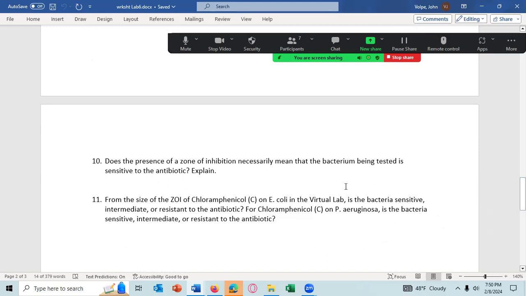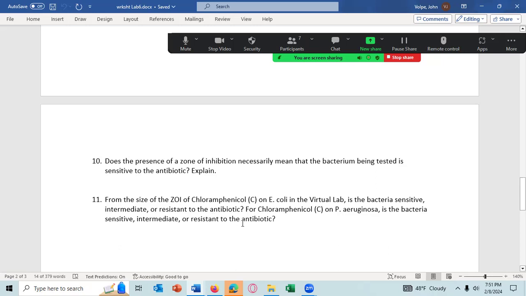10, does the presence of a zone of inhibition necessarily mean that the bacterium being tested is sensitive to the antibiotic? And explain your answer. 11, from the size of the zone of inhibition of chloramphenicol on E. coli in the virtual lab, is the bacteria sensitive to, intermediate to, or resistant to the antibiotic?